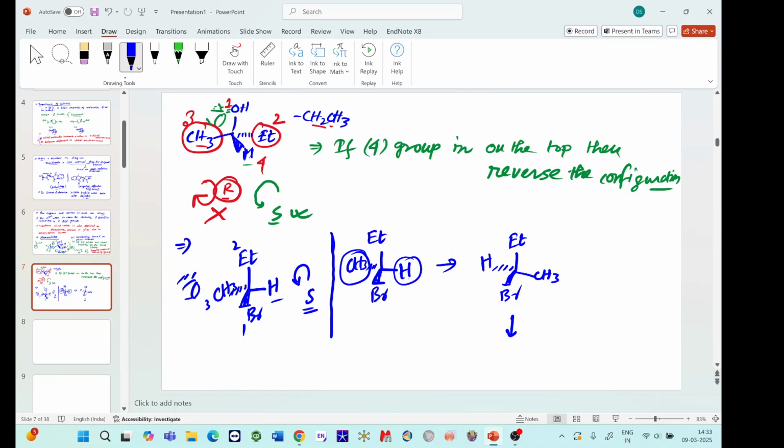Now you cannot do it odd times. You have to do it even times, 2 times, 4 times, like that. If you do odd times, then your configuration will be wrong. So by doing it one time, you have changed the configuration. Now if you want to get to the original configuration, you have to do it one more time.